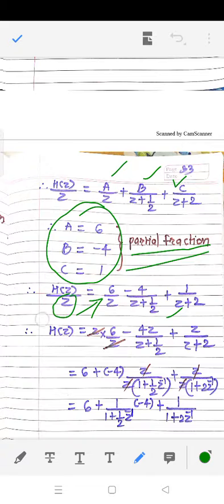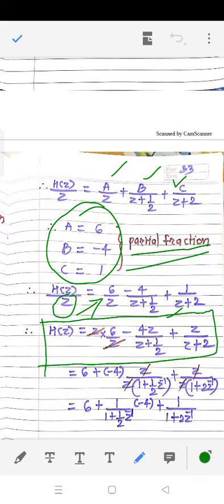So this z and z will get cancelled. 4z upon (z plus 1 by 2) and z upon (z plus 2). Now again these two are not in the standard form. So what we do, we take common z from numerator as well as denominator.